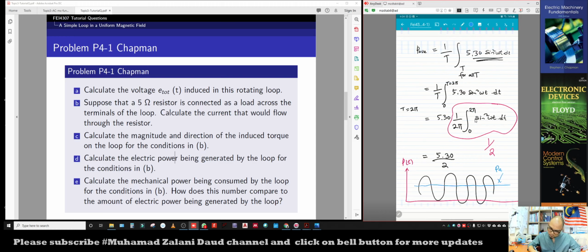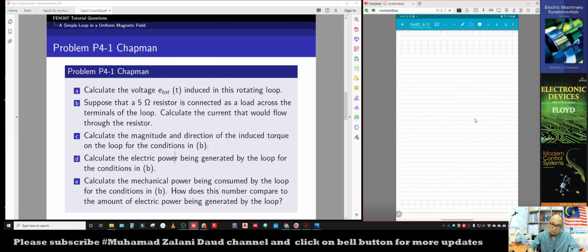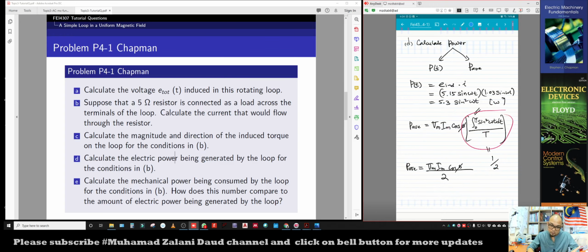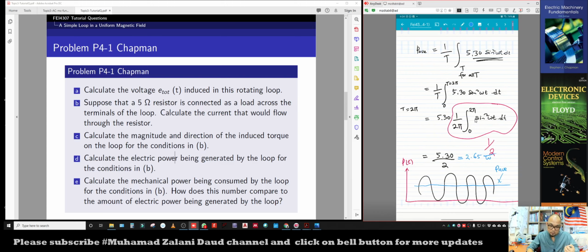So the average power in this case is 5.3 divided by 2, which is 2.65 watt. So that is the example calculation of the average power. I just showed you so you know we can calculate either the instantaneous power or the average power. Okay, I'm going to solve question E now.